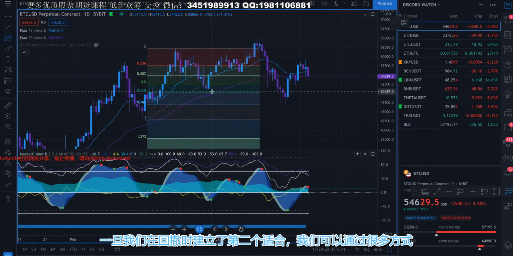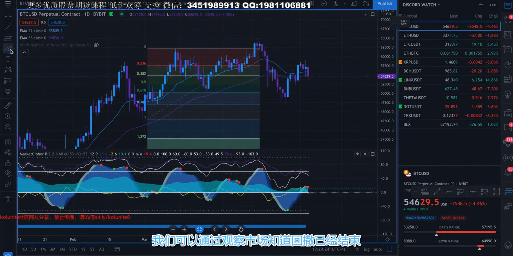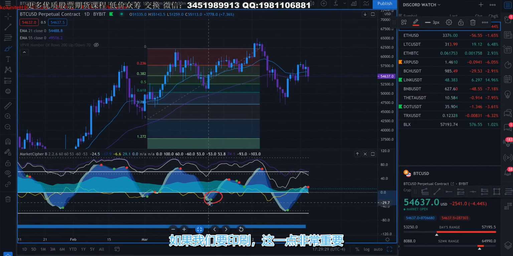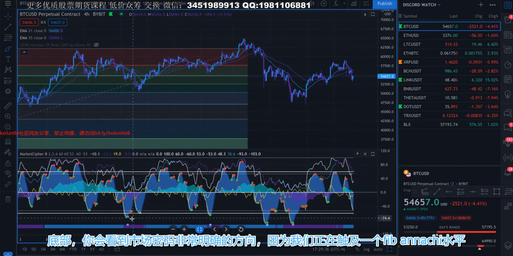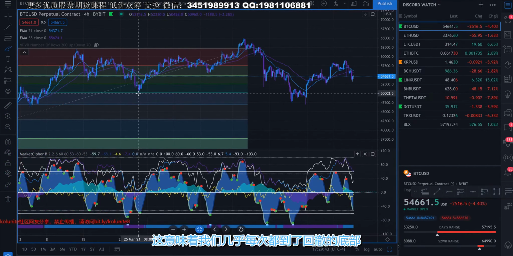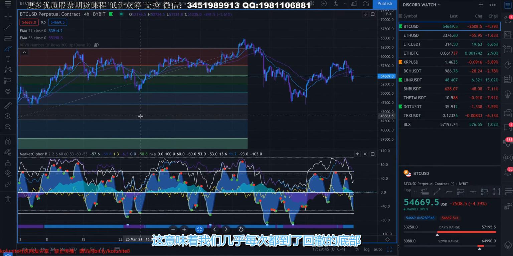Once we have established that the retracement is over, a lot of ways we can know that is by looking at Market Cipher. This is very important. Let's go to the 4-hour. If you can see on Market Cipher that we're printing a bottom, and you see very clear direction on Market Cipher as we're hitting a Fibonacci level, this means we have come to the bottom of the retracement.